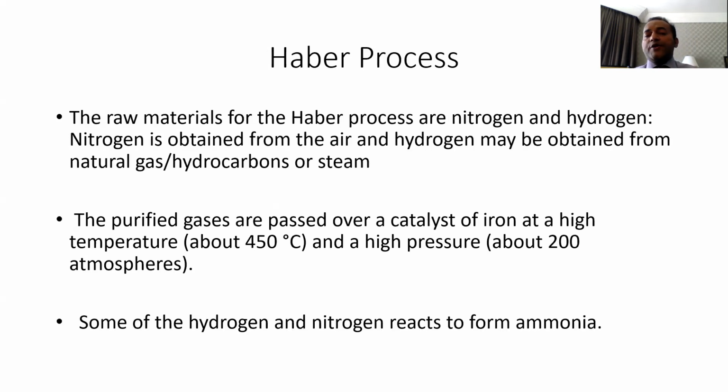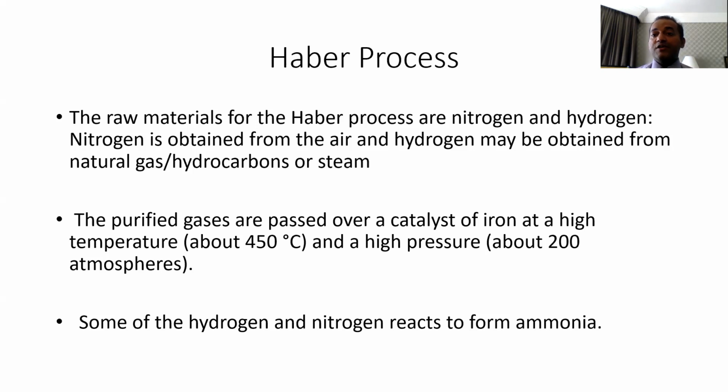Ammonia can be produced through a process called the Haber process. It is named after a person, Fritz Haber, a German. This person developed and made many changes for this process, and he found out that by having nitrogen and hydrogen, we can produce ammonia.